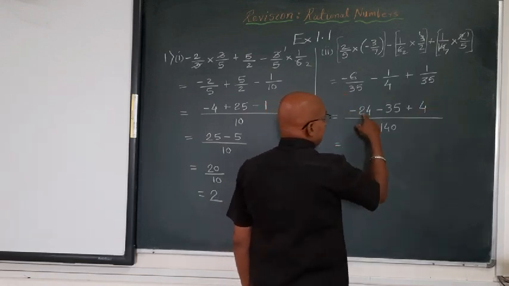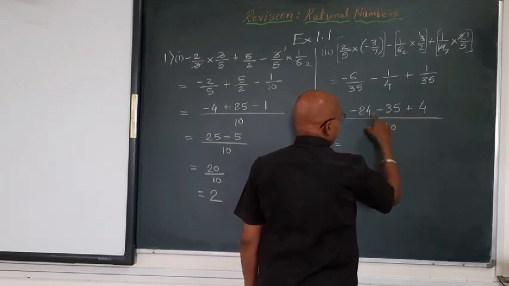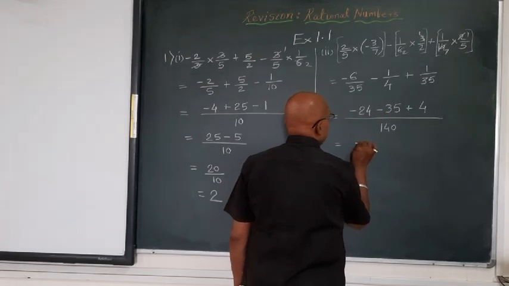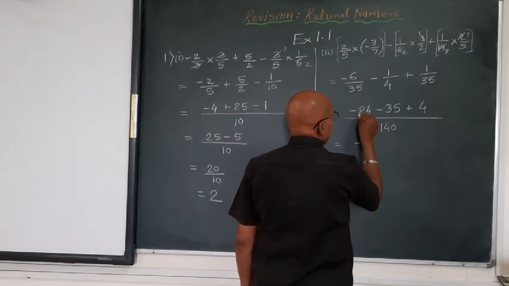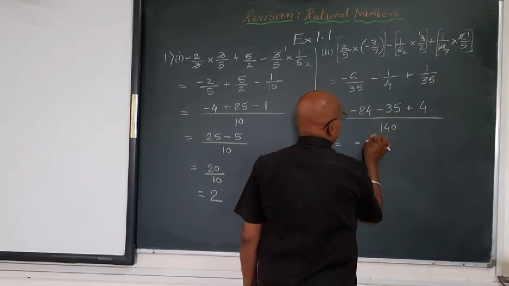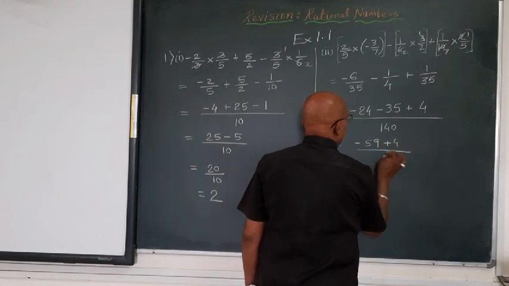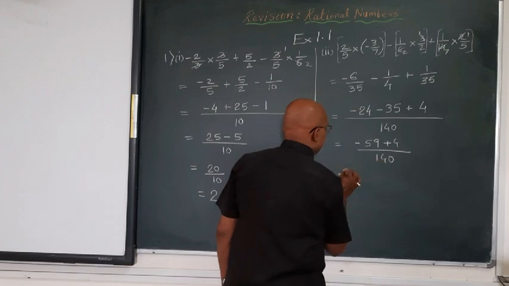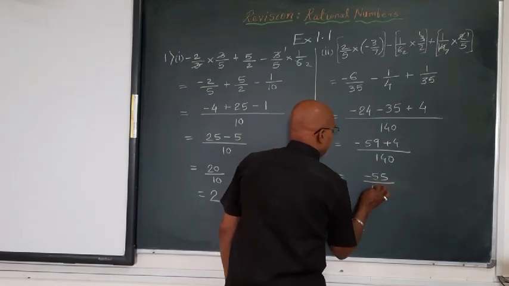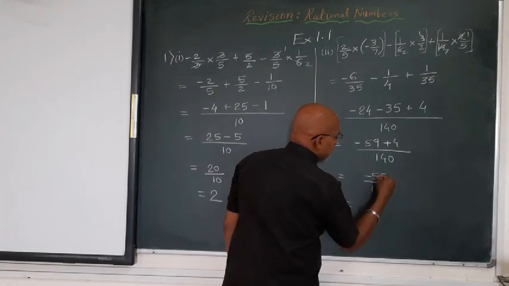Equal to 24 minus 4 is minus 20 and minus 35. It will be minus, or I will write completely. I will add this first with minus sign. So it will be minus 55 upon 140, equal to, what we get here?